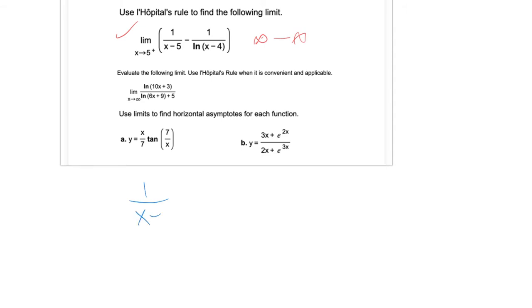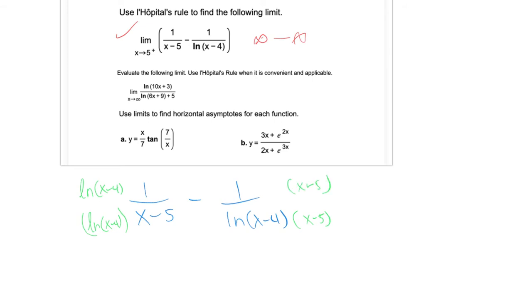We would have 1 over x minus 5 all over 1 times 1 over ln x minus 4. Well, we could just get a common denominator going, where we have this as ln x minus 4 over ln x minus 4. Over here it's x minus 5 times x minus 5.